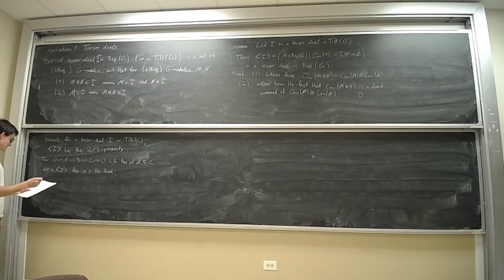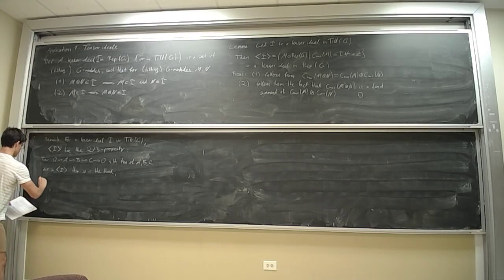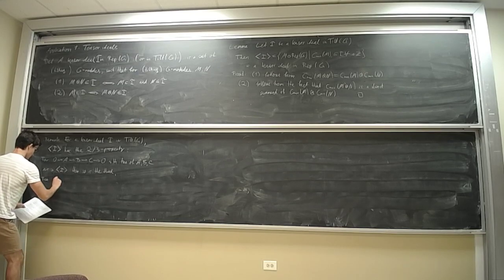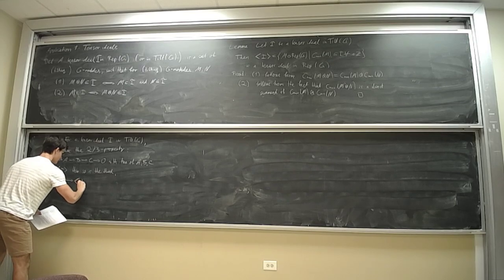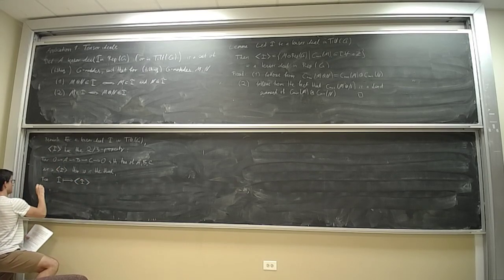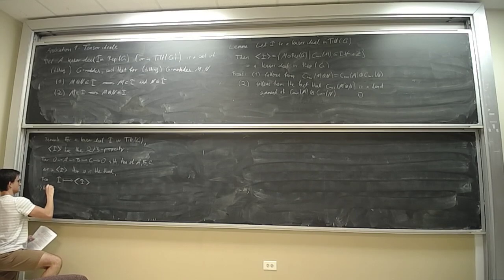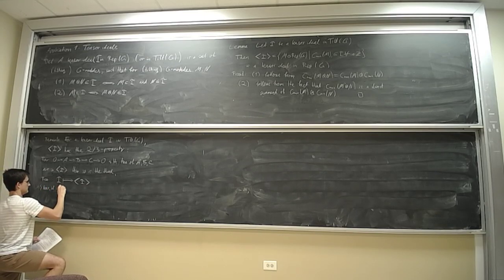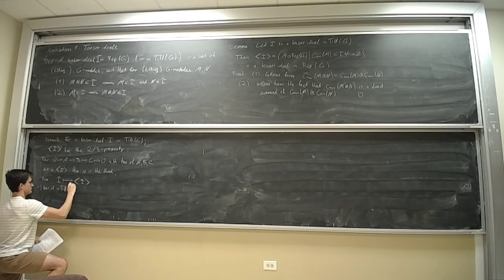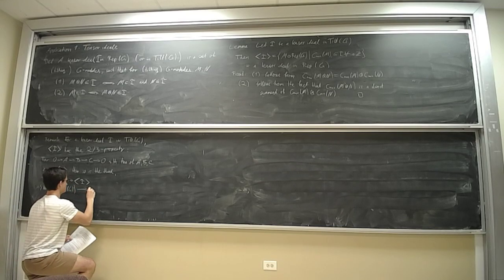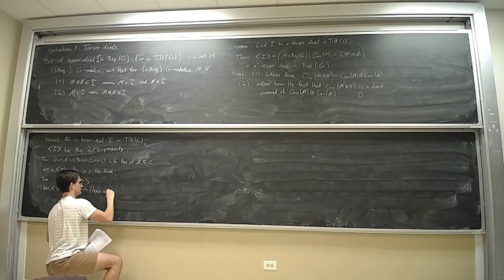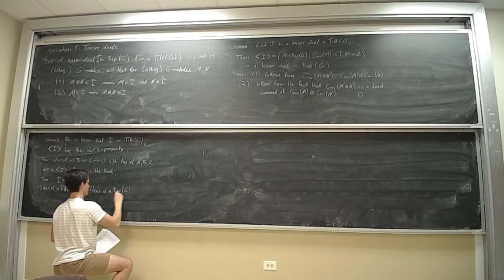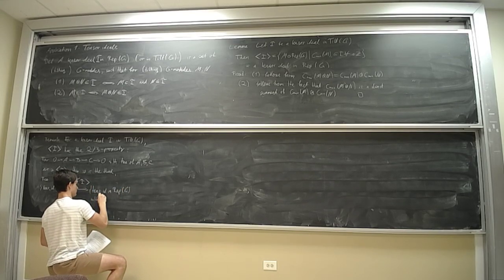And so this means, next remark, basically this map that sends I to angle brackets I is a map from tensor ideals in tilt of G to tensor ideals in rep of G with the 2 out of 3 property.